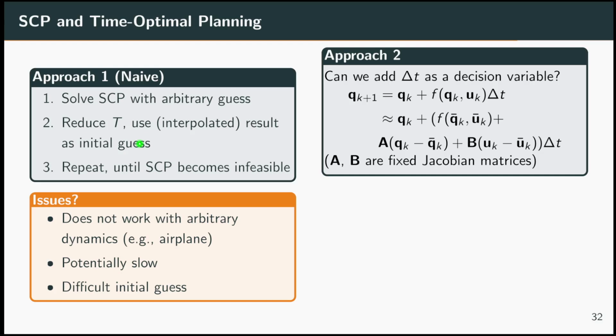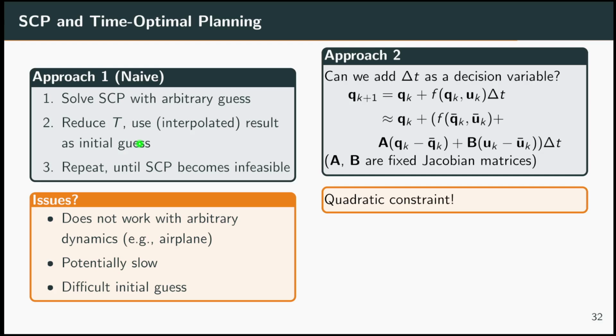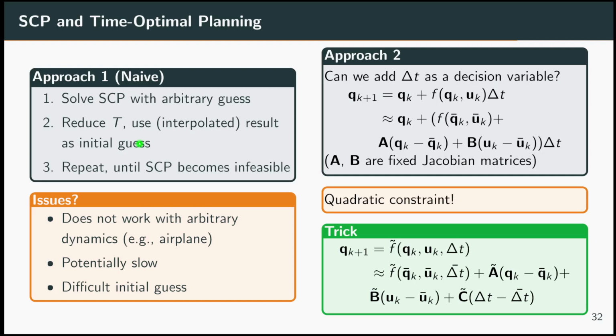The problem now is that we get a quadratic constraint, right? In particular, if you look at the constraint for the dynamics, we get u and q, and they're divided by this delta t, which is a decision variable, so it's quadratic. And so what do we do?